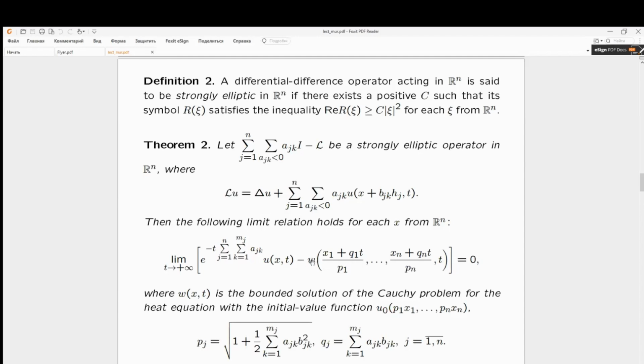This is the solution of the Cauchy problem for the heat equation, and we prove that if we multiply our investigated solution of the non-local problem by this weight, then their difference will tend to zero as t tends to infinity.